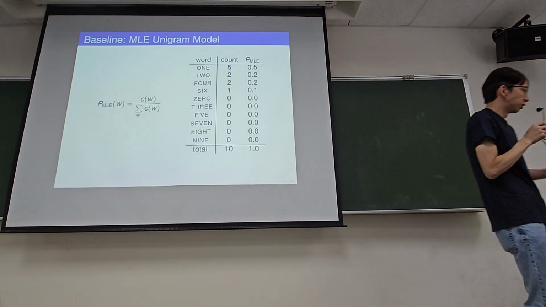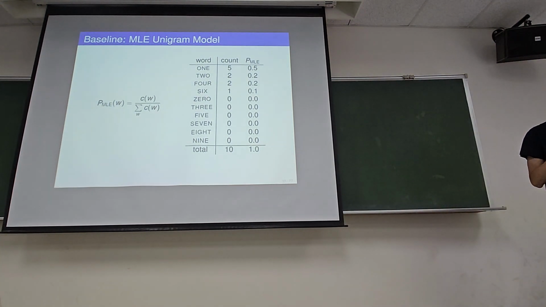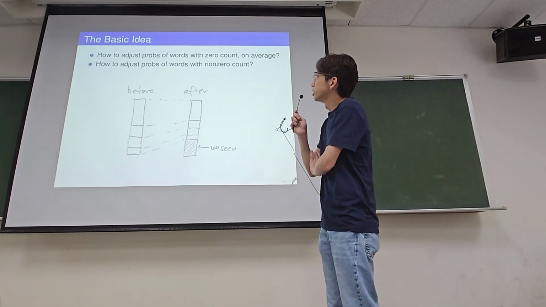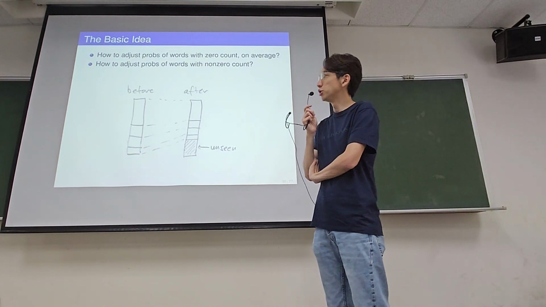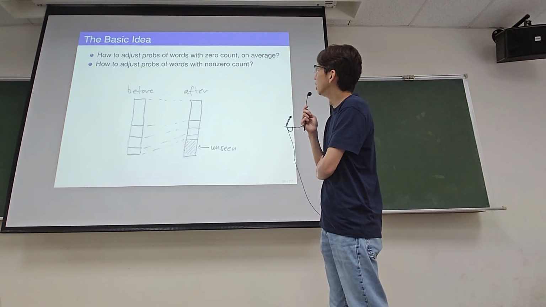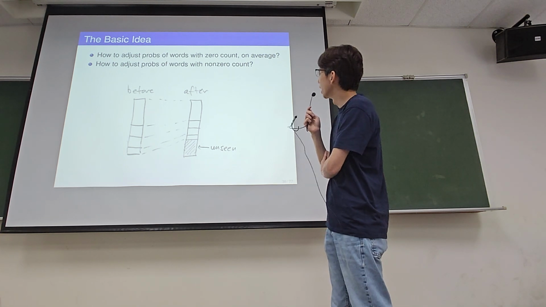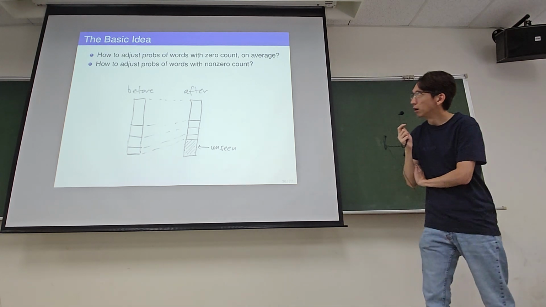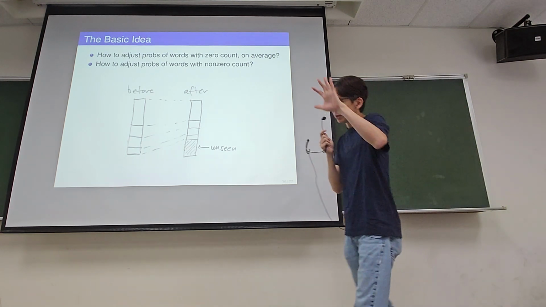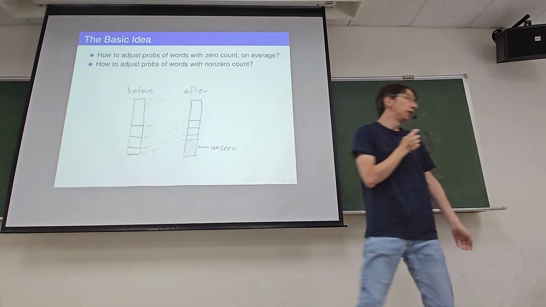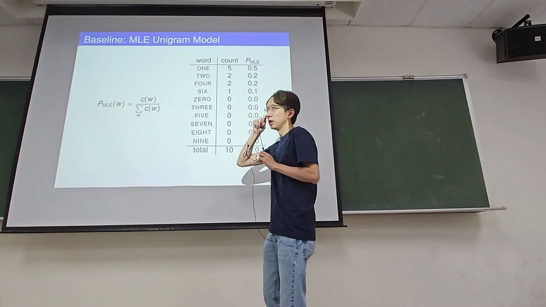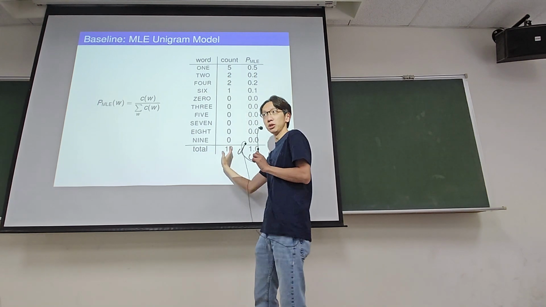So that's the MLE estimate of a unigram language model here. The basic idea behind smoothing is to adjust the probability of words with 0 counts, on average. So how do we adjust the probability of words with non-zero counts? Because all the probability sums up to 1, we're going to adjust these probabilities, but they still need to sum up to 1.